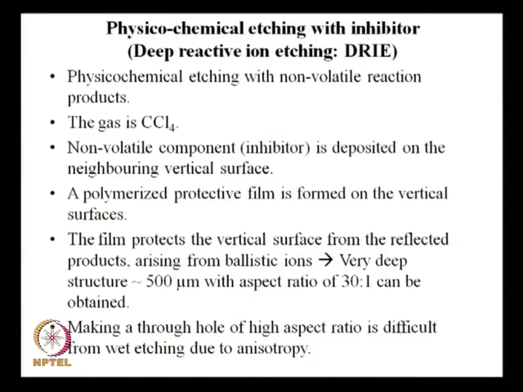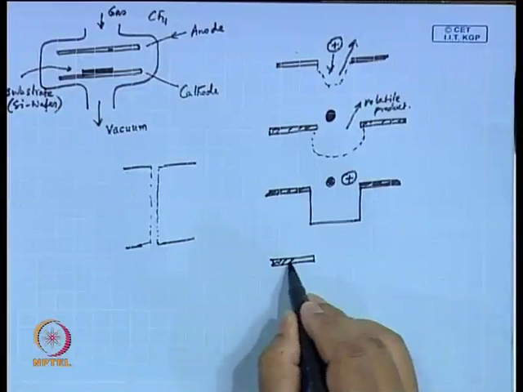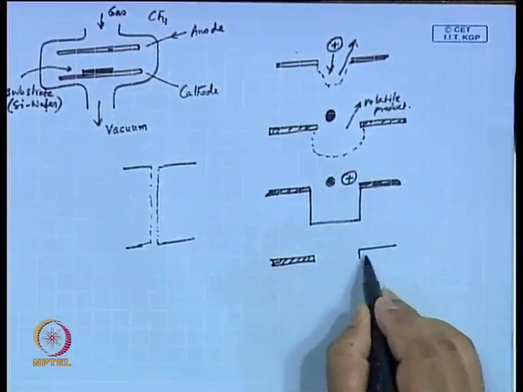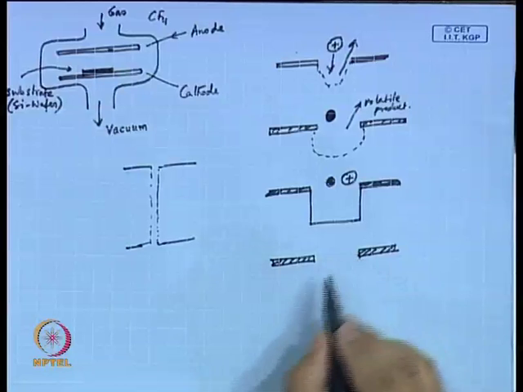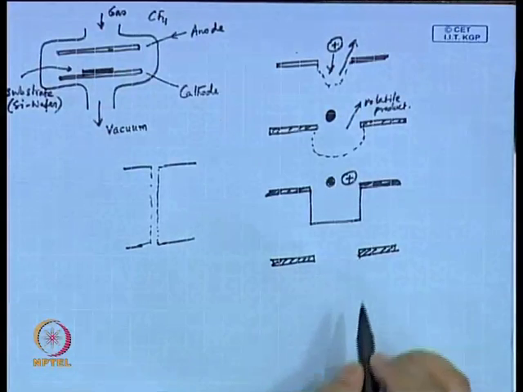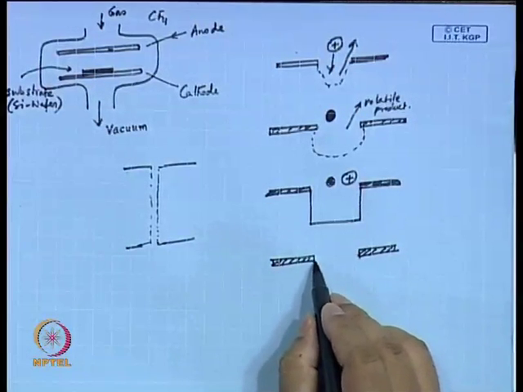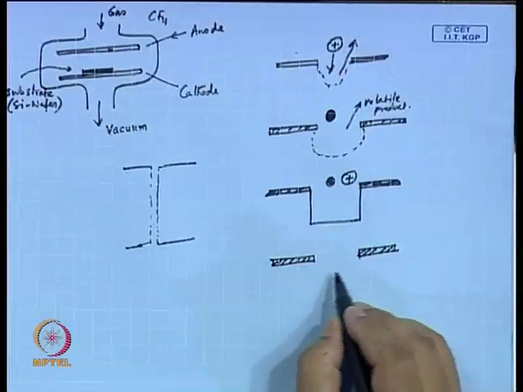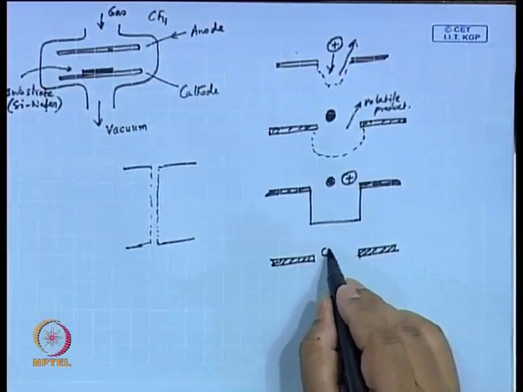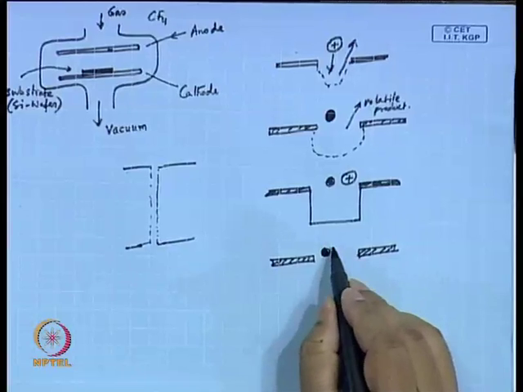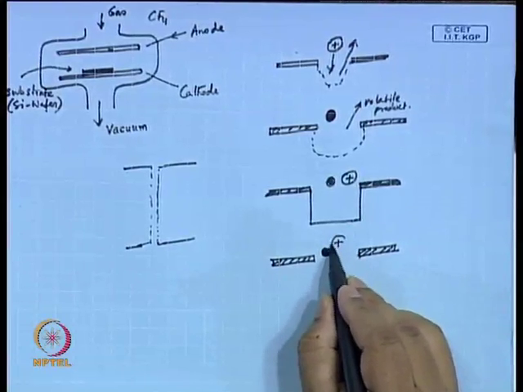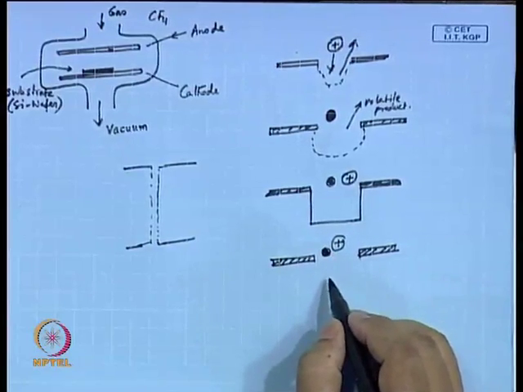What does that mean? You have this portion masked and this portion exposed as before, the silicon substrate here. It is basically physicochemical etching, so you have a neutral species and an ion, and both are doing the job.